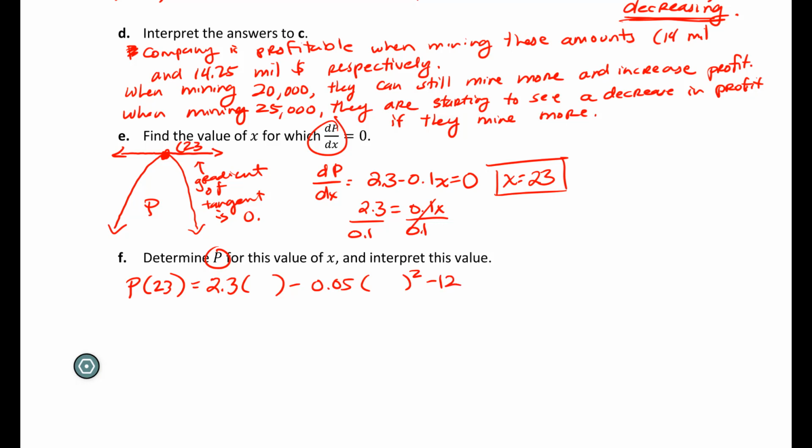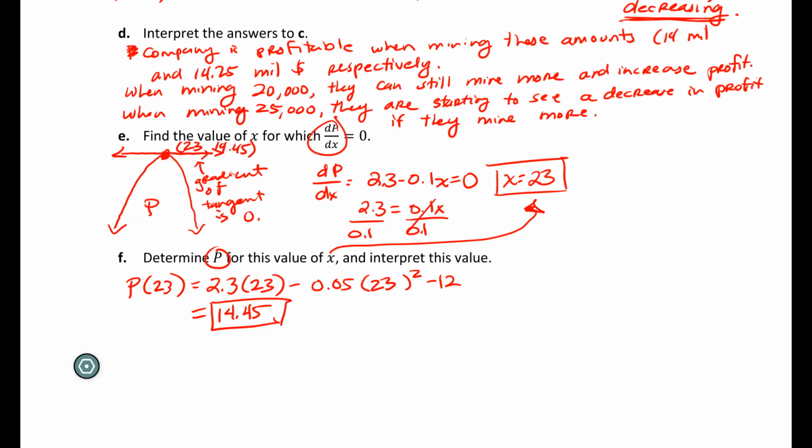And what am I plugging in for my x value at this point? This value of x that we found that was going to be the maximum. So that's 23, and that's 23. Plug this into your calculator, and we'll see a value of 14.45. So that's the y value at this maximum point.